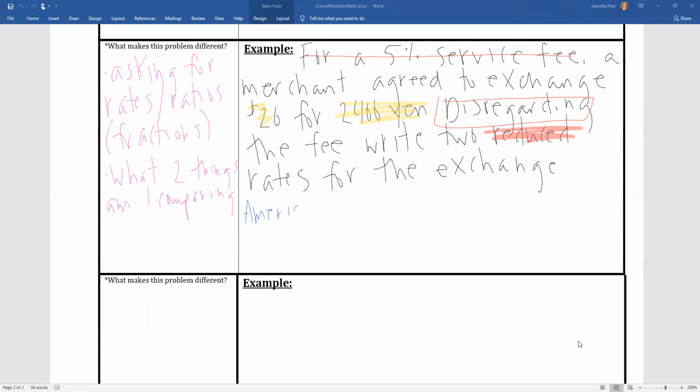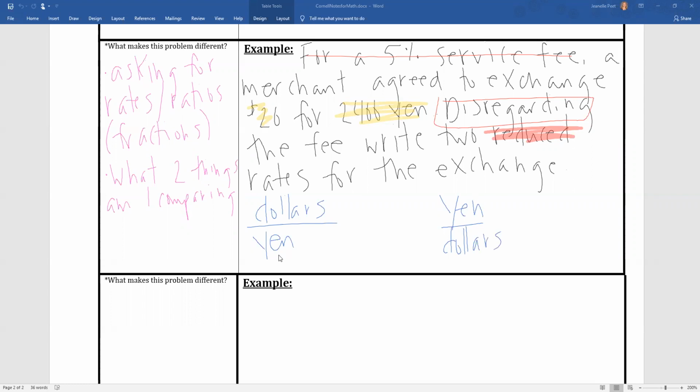We don't have to write the word American, we can just write dollars to yen. So I know I have dollars to yen. But if you look here, they say write two reduced rates. Well, if I can do dollars to yen, I can also do yen to dollars.